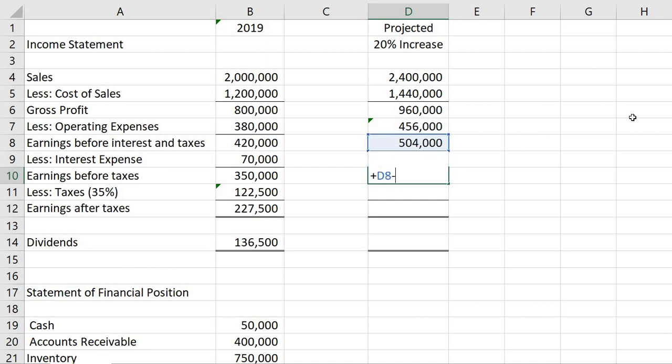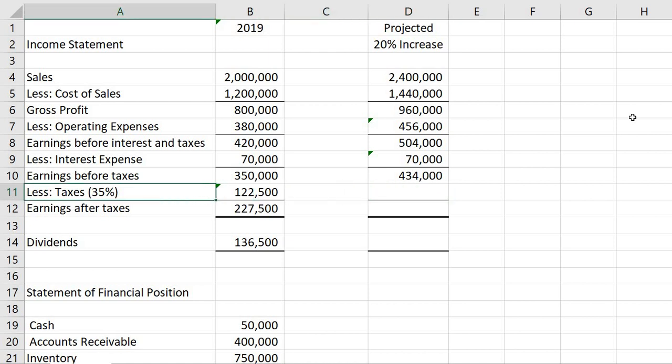With that, you'll have 504,000 minus 70,000, so your earnings before taxes will be 434,000. Okay? Now, the taxes. As you know from Tax 1, how do we compute the income tax? We base it on earnings before taxes, then multiply it by the applicable tax rate. In this case, that's 35%. So, you will have 151,900.